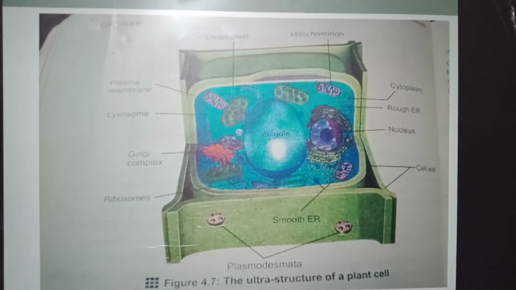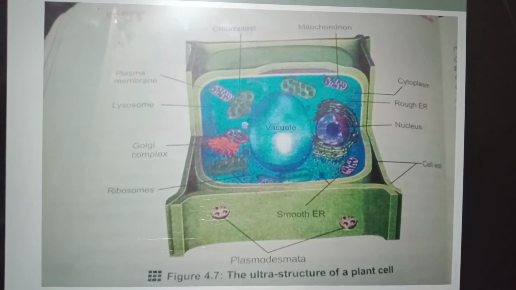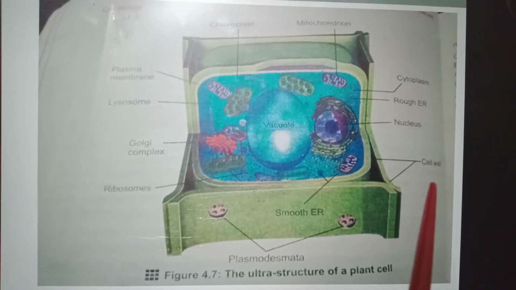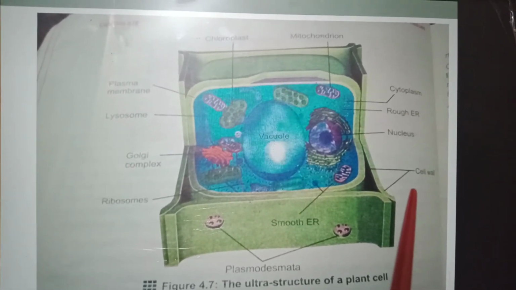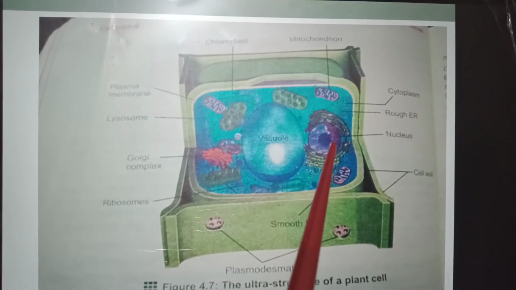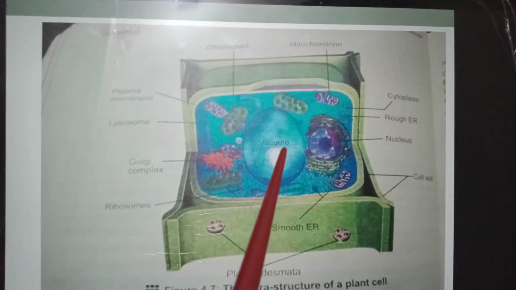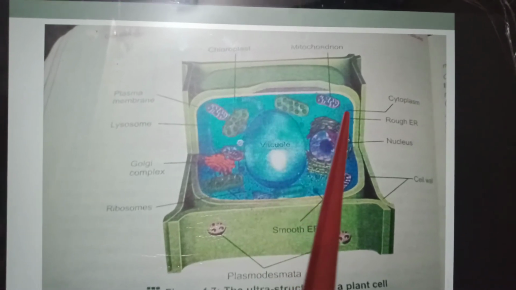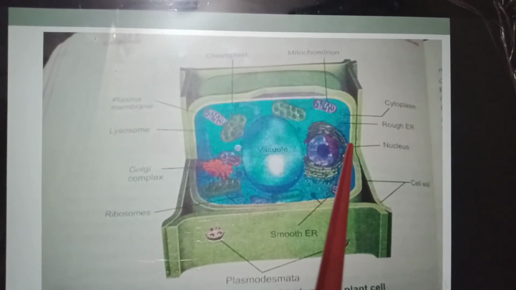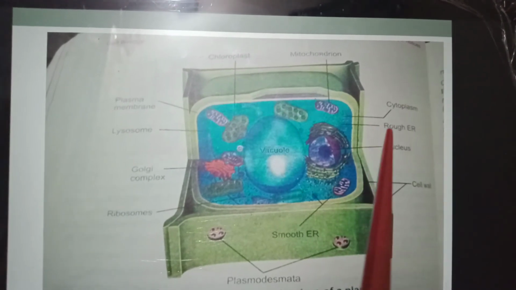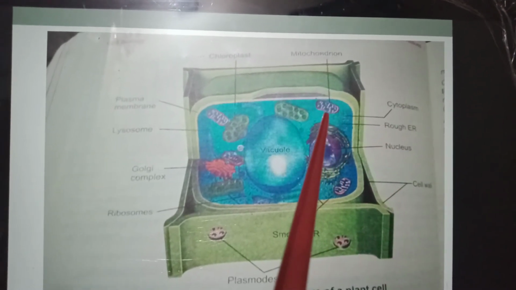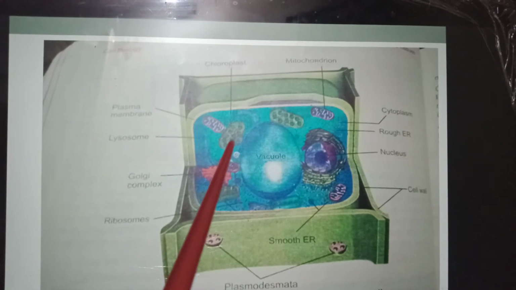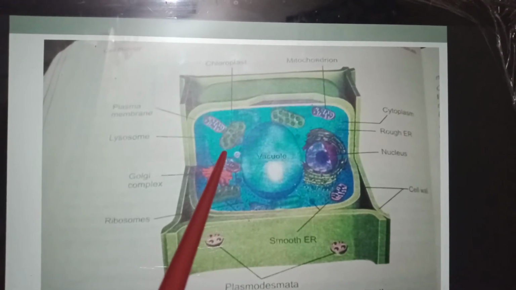The ultrastructure of a plant cell includes, first, the cell wall, which is made up of cellulose. This is the nucleus, and this large one is the vacuole, and this blue fluid is the cytoplasm. Here is the rough endoplasmic reticulum, mitochondria, chloroplast.